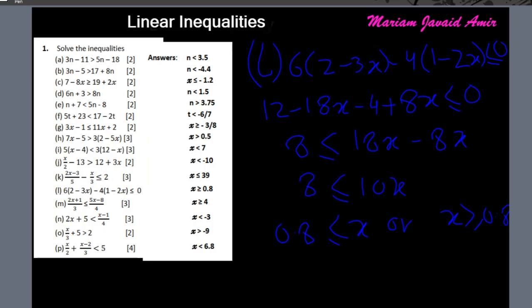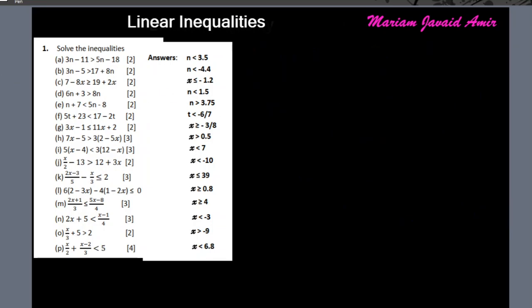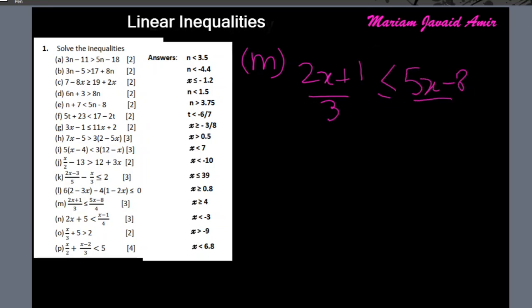Part M, (2x plus 1) over 3 less than or equal to (5x minus 8) over 4. 8x plus 4 less than or equal to 15x minus 24.